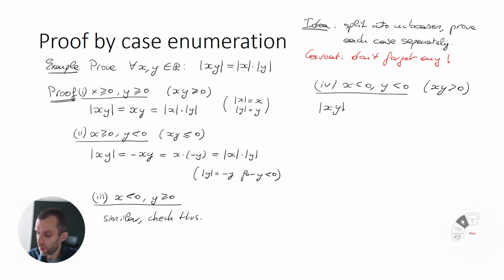Then absolute value of x times y is just x times y, and we can write it as minus x minus y is absolute value of x times absolute value of y. And so in doing so, we've exhausted all of our cases and we've proven the statement for all x and y.